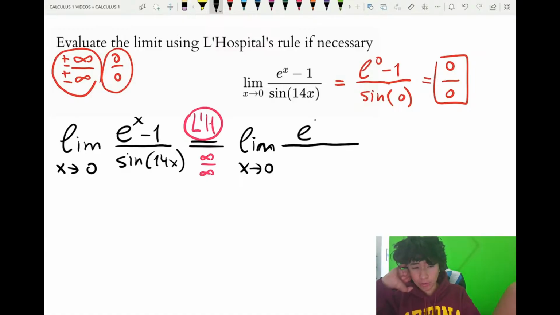It's totally manageable because we cooked last week, but no, we don't have to do this right now. If we would, we would have gotten e to the power of x times sine of 14x minus e to the power of x minus 1 times cosine of 14x times 14, I think, over sine squared of 14x.